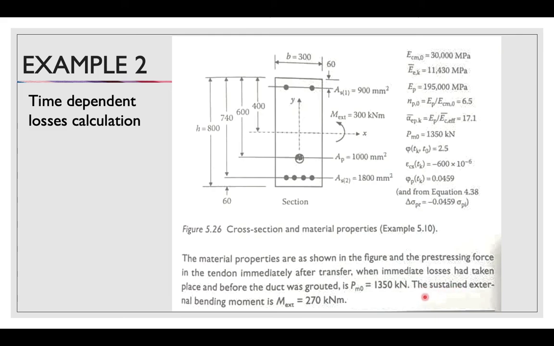The sustained external bending moment M external is equal to 270 kilonewton meter. You can see here that the moment has been stated, and the area of the steel reinforcement as well as the tendons has already been stated as well.